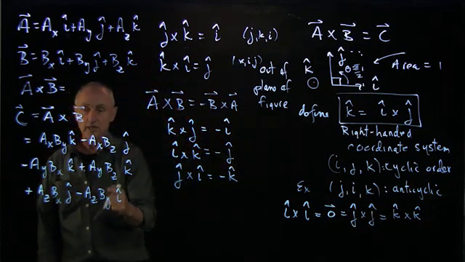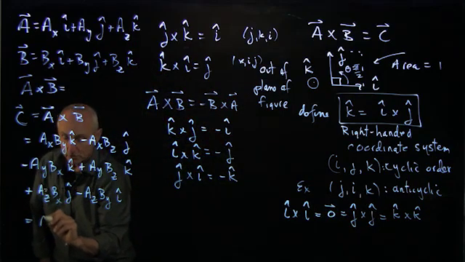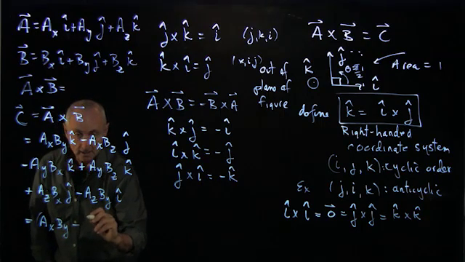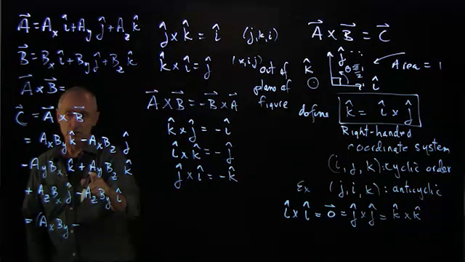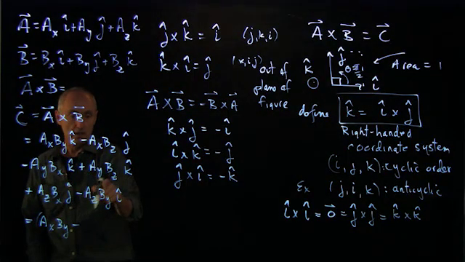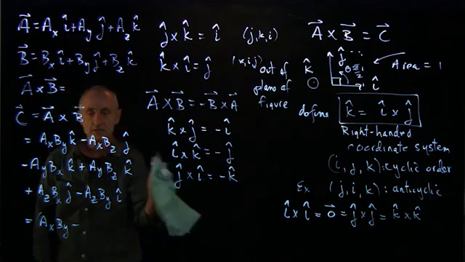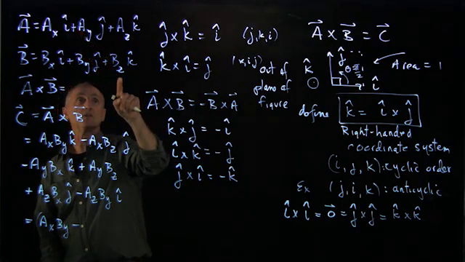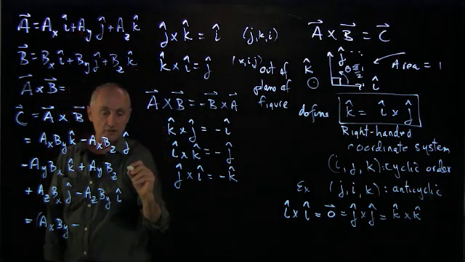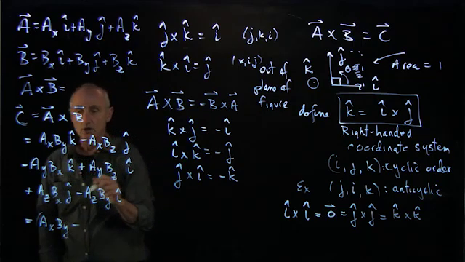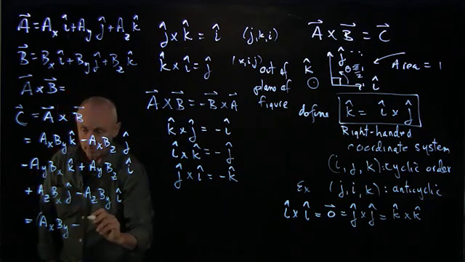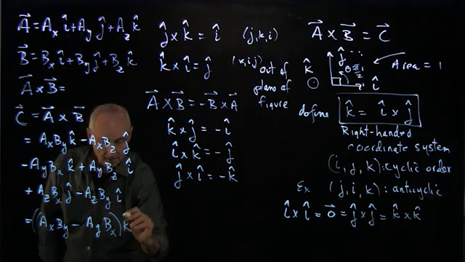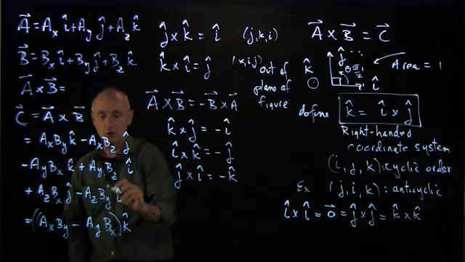So we have six terms, and we can collect them. Let's check this one. We have to be a little bit careful here. ay bz is j hat cross k hat, and that's plus i hat. So we have ax by minus ay bx times k hat. And now let's look at the i hat terms.